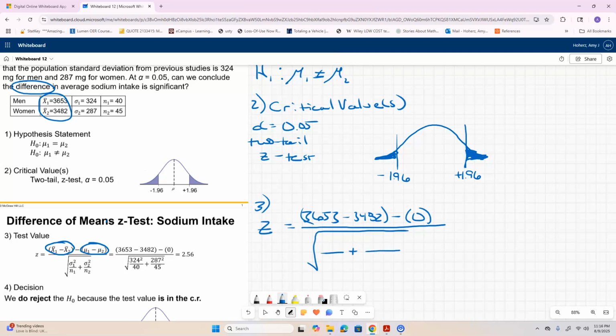So sigma 1 squared is 324 squared. And then sigma 2 squared is 287 squared. So we just plugged in these sigmas. And then our n's are different. We have 40 for the men and 45 for the women.